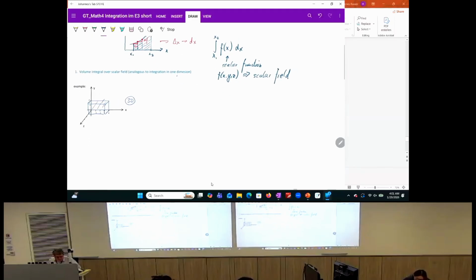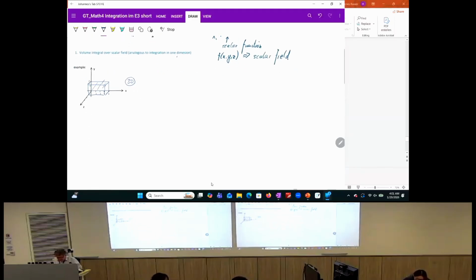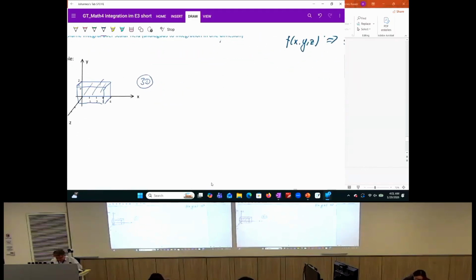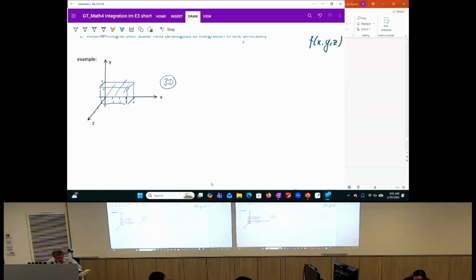So then you want to do things like volume integrations, and for that you have here an x, y, z coordinate system. I've plotted in here some kind of element, and you want to assess the volume integral.